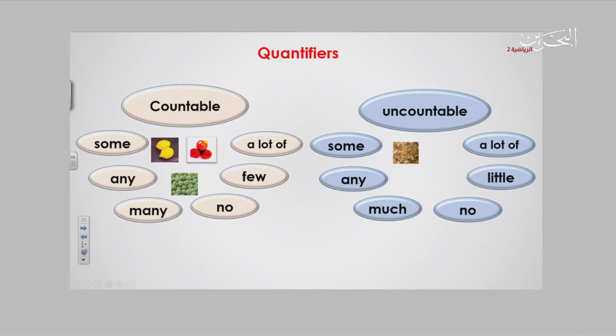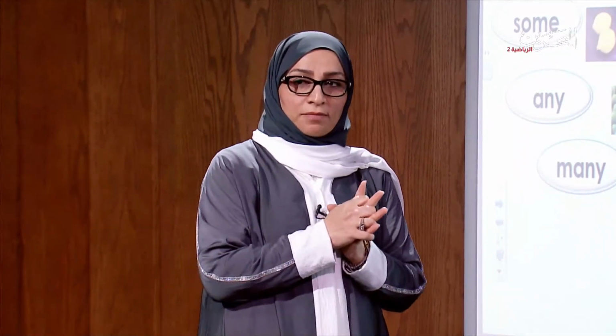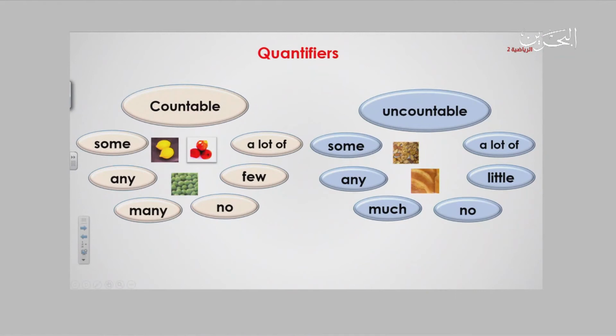We have nuts. For example, do you have any nuts? Or how much nuts do you have? This is bread. I have little bread. And this is coffee. How much coffee do you need? These are examples of the quantifiers, and how we use them with a countable group or uncountable group.